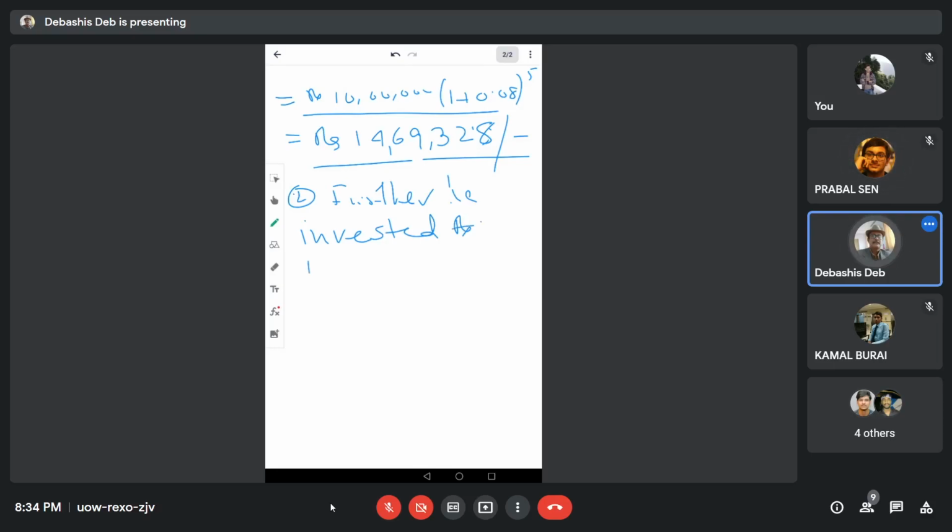He invested rupees 10 lakh for development. Now what will be the blocking period in this case? Just I'm explaining you. Say, time scale.